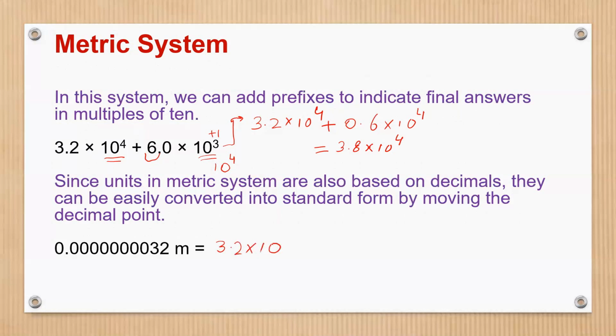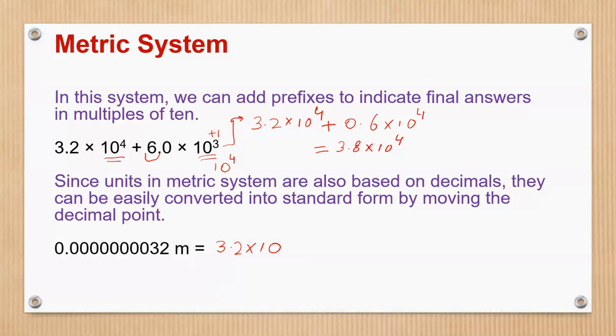I'm going to see the points moved now. So now I'm going to use the second rule. What is the second rule? When you move the decimal point towards the right, the index number of base 10, power of 10, will be negative and increases by the number of places moved, or we can say number of spaces moved.